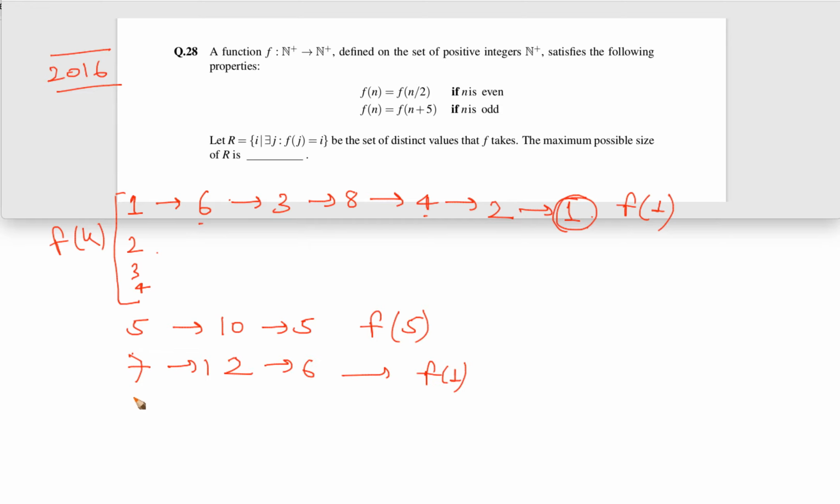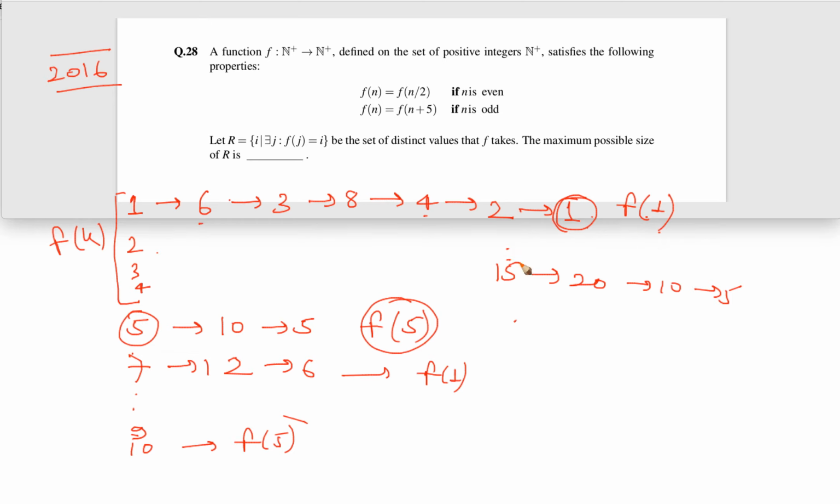So it will keep on going to f(1), till 9 also, but when we go to 10, then again it will go to f(5). So 5 is obviously f(5), 10 is f(5), and then 11, 12, 13, 14 all will go to f(1). Then 15, if you check, goes to 20, and then 20 goes to 10, goes to 5. So 14 will go to f(1), 16 will go to f(1), but 15 will go to f(5).